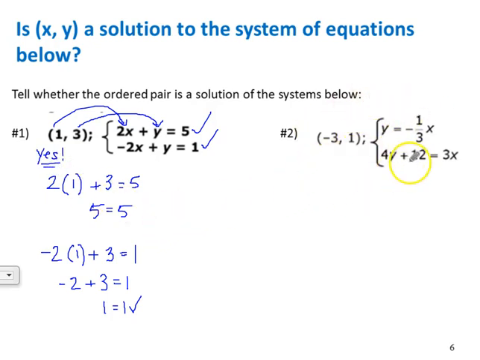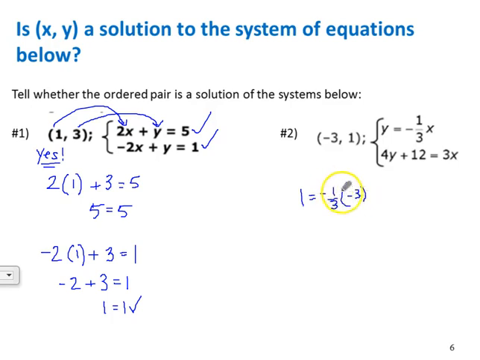Our second problem, our second system of linear equations. We're going to plug in x equals negative 3 and y equals 1 and check each of these. So y equals, instead of a y, I'm going to plug in 1, equals negative 1/3 times x, which is negative 3.